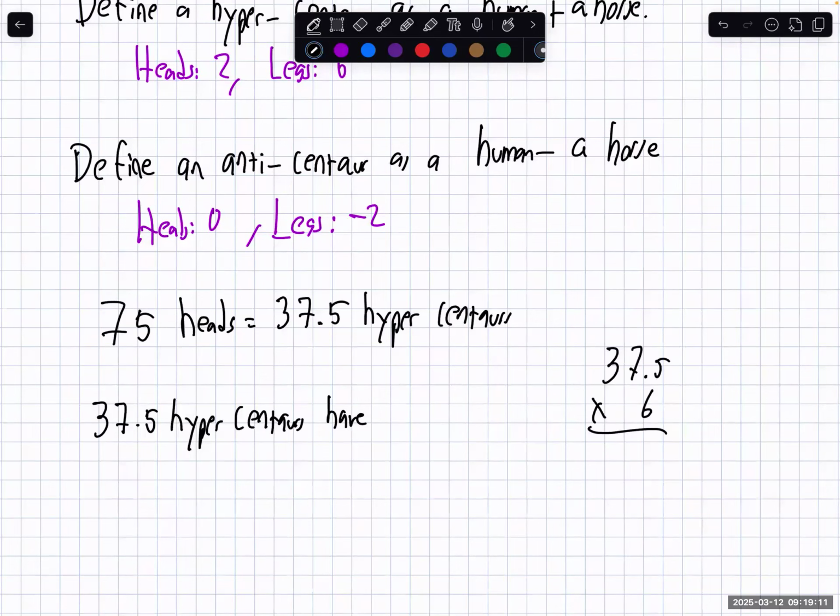Gotta work this out. 6 legs per hypercentaur. So 6 times 37.5 is 225.